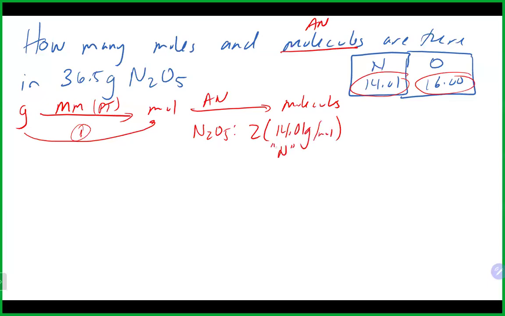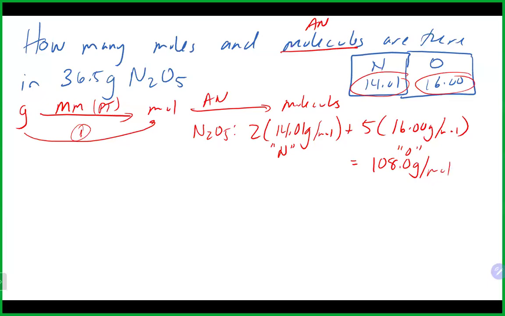And we have 5 oxygens, each are 16 grams per mole, once again from the periodic table. That's going to give us really a conversion factor to use, which is the molar mass. That's going to be 2 times 14.01 plus 5 times 16, it looks like. That's about 108, call it 108, sounds good. 108.0 grams per mole, which is our molar mass. And again, really our conversion factor.